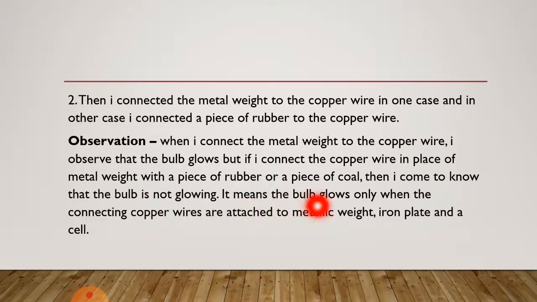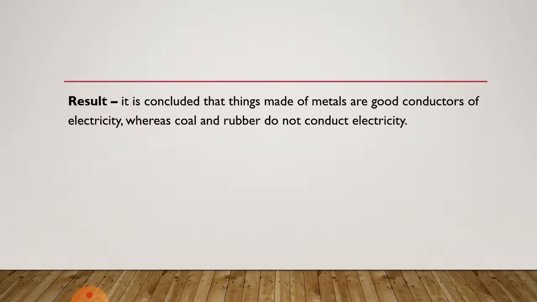It means the bulb glows only when the connecting copper wires are attached to the metallic weight, iron plate and a cell. Is that clear? Class 8th. Now the result. It is concluded that things made of metals are good conductors of electricity, whereas coal and rubber do not conduct electricity.